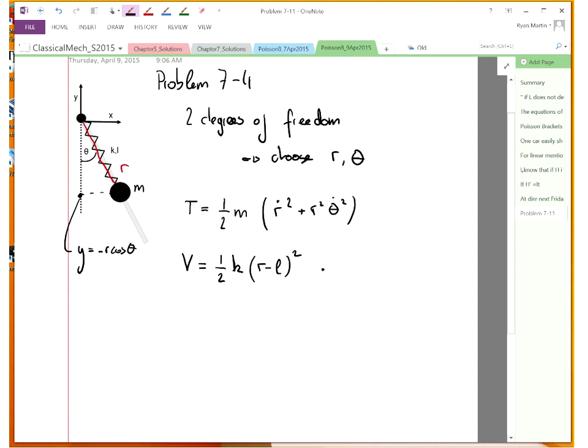So the gravitational potential energy is going to be minus mgr cos theta. So it's plus mgy, but y is minus r cos theta. So this system has everything that makes it look like energy should be conserved. So I expect the Hamiltonian to be equal to T plus V. But let's say we don't know that to start with.